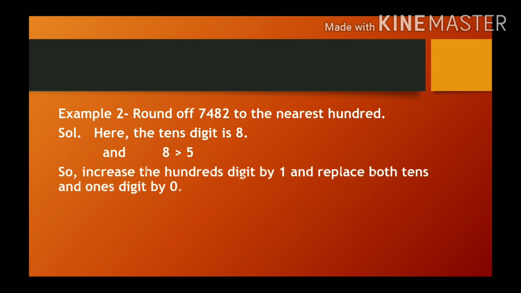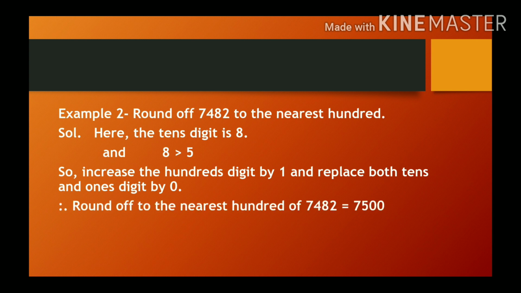Let's see another example. Example 2. Round off 7482 to the nearest 100. Solution. Here we can see the tens digit is 8. And we know that 8 is greater than 5. So, we have to increase the hundreds digit by 1 and replace both the tens and ones digits by 0.